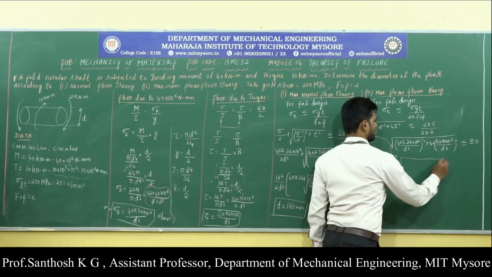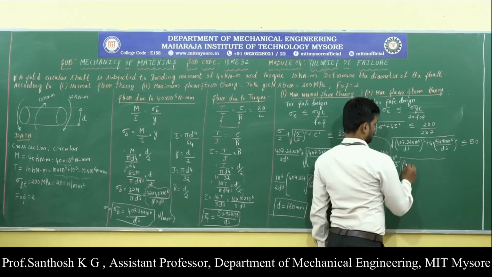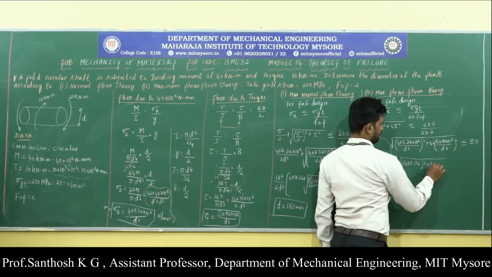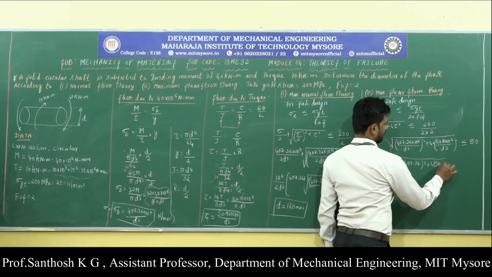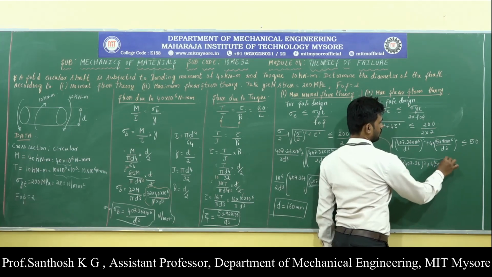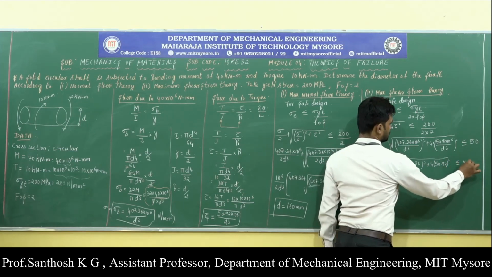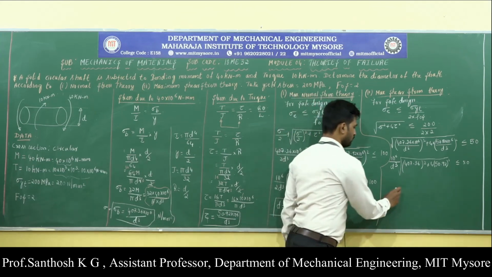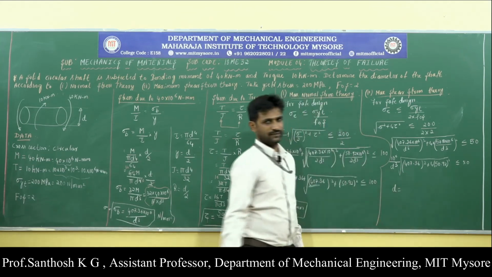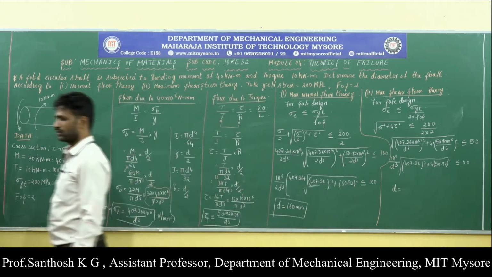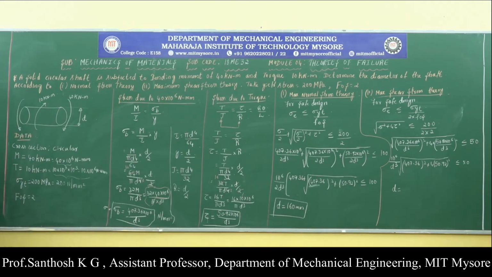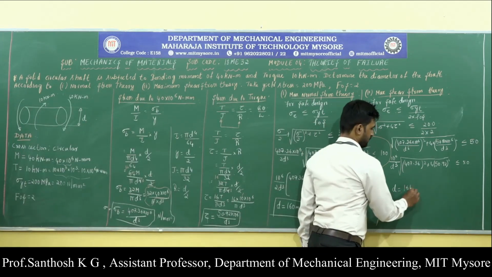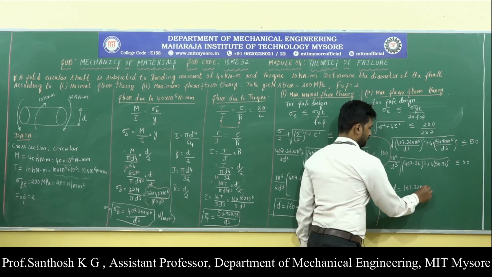So if I take it outside, I will be left with 407.36 whole square plus 4 into 50.92 whole square, which should be less than or equal to 50. Here we are having only one unknown, which is d. If you solve this equation, you will get the value of d as 161.32 millimeters.